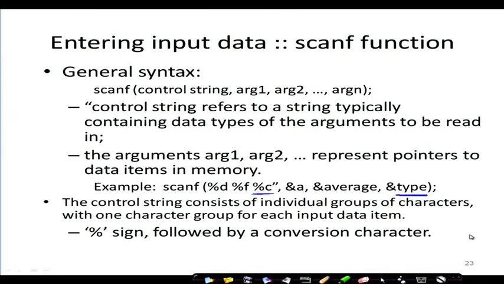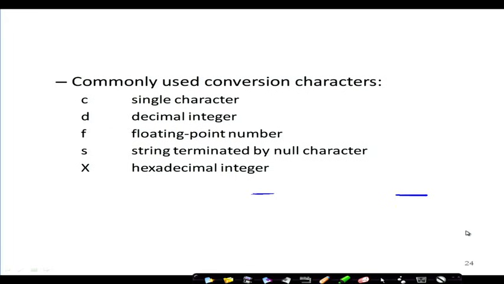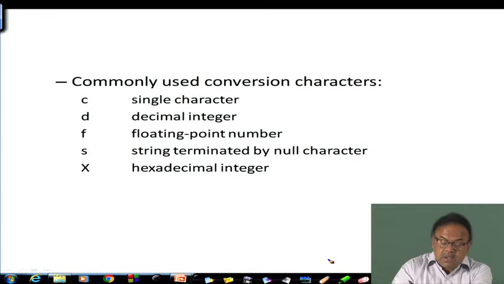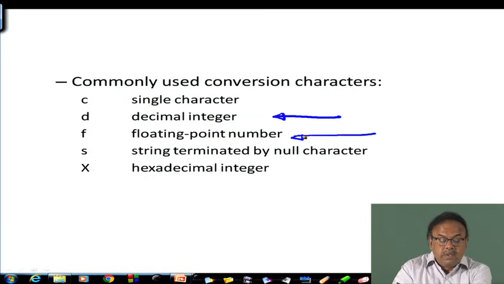We have seen that the percentage sign means it is a conversion character. The commonly used conversion characters, we have already seen some of them. These are known to us. %d is for decimal or integers, %f for floating point numbers, %c for single character, %s is for a string.